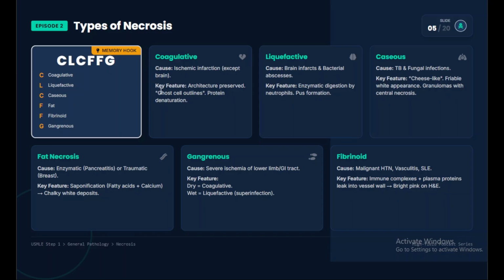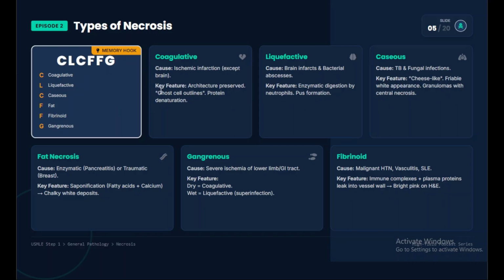Instead of maintaining the structure, the tissue actually turns into a viscous liquid mass, and this happens because enzymatic digestion dominates here. Remember, liquefactive necrosis mostly occurs in tissues with a very high neutrophil count. It happens in bacterial infection when the neutrophil count is raised, and also in the brain.